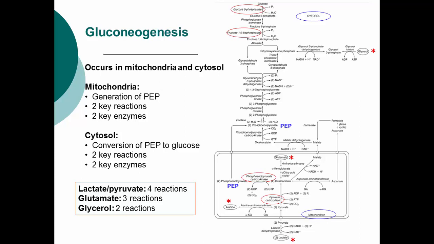What's the 4th one? Oh, here, for example, this pyruvate to oxaloacetate. This is pyruvate carboxylase, right? This is one. And then oxaloacetate to phosphoenolpyruvate is the second one. So 2 in the mitochondria and the other 2 in the cytosol.